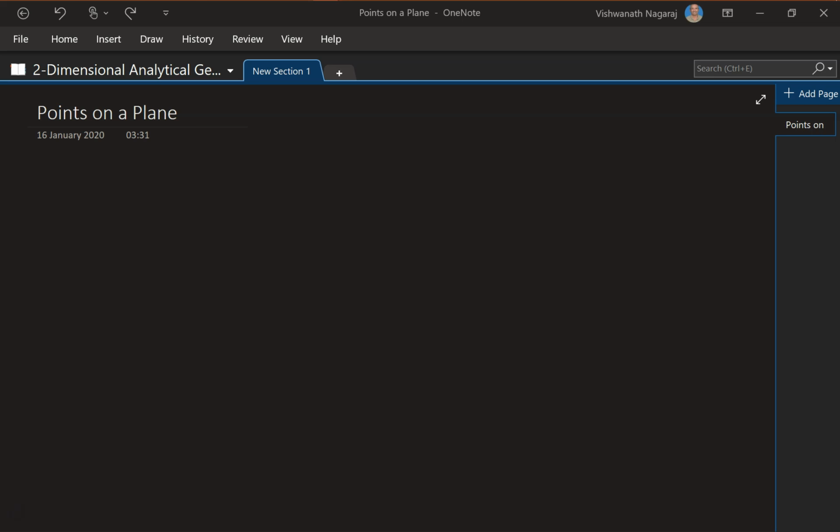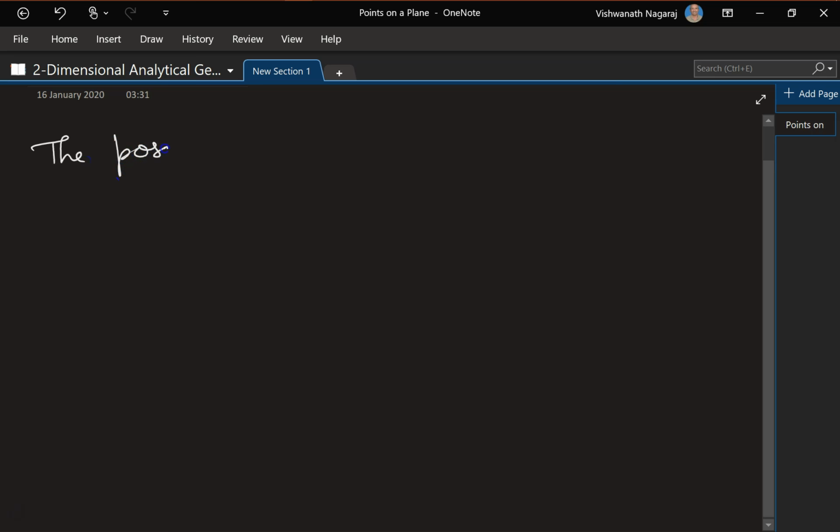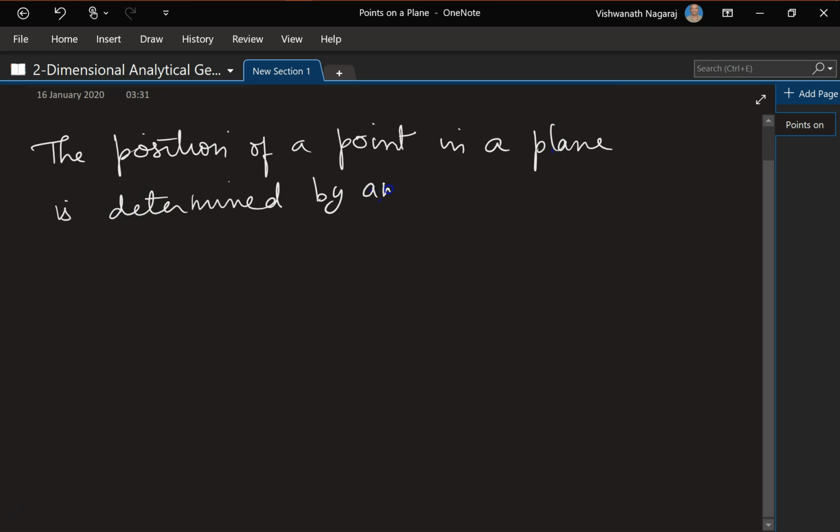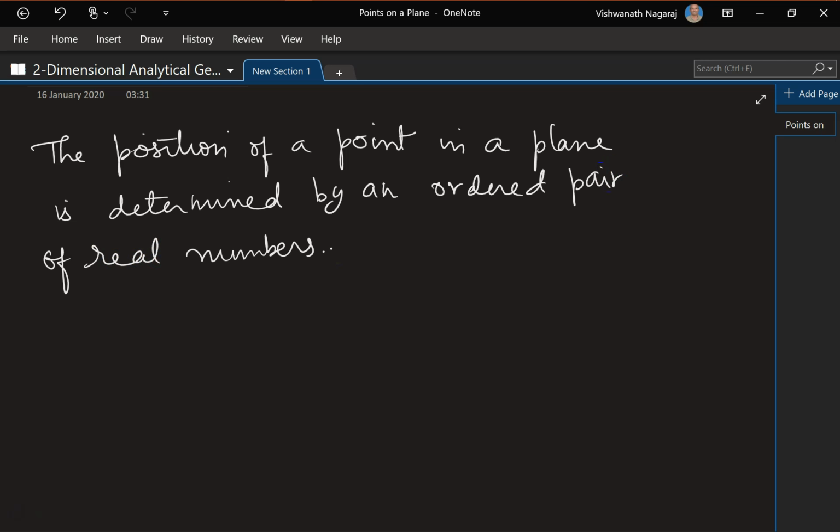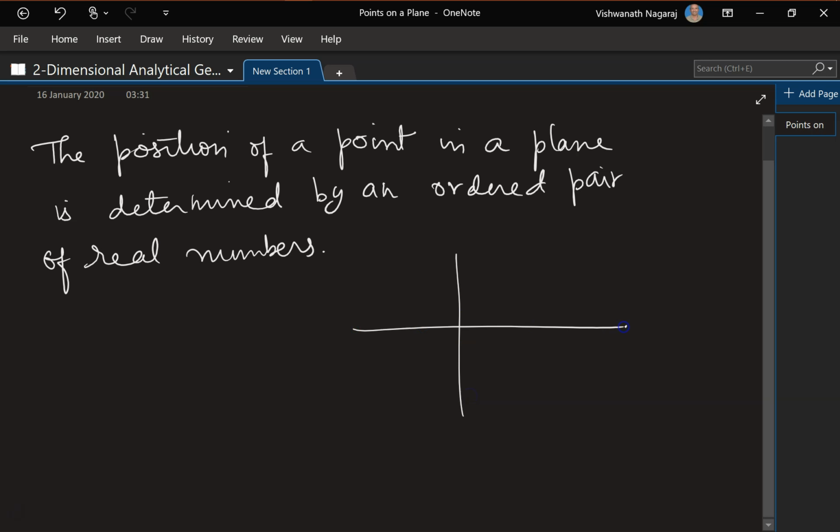So what's a point? The position of a point in a plane is determined by an ordered pair of real numbers. Now, remember when we were graphing, we had these two perpendicular lines, vertical and horizontal lines.